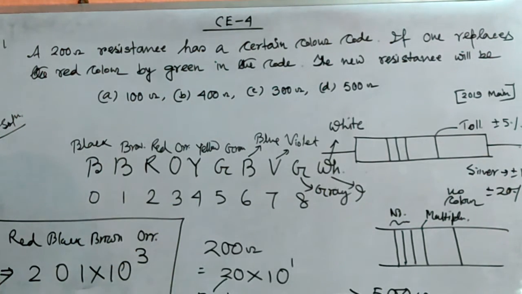This comes to 201,000 ohms, which is 201 kilo ohms. So this is the color code. Now I am going to a second problem.